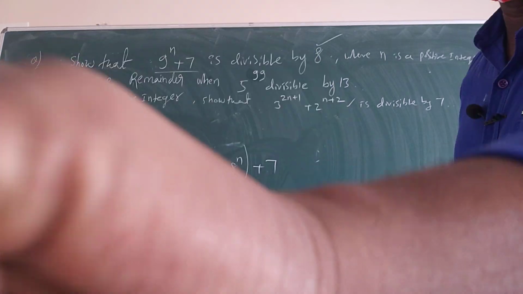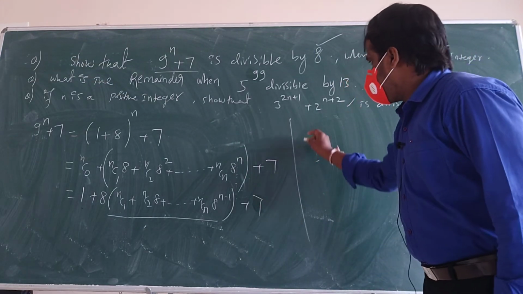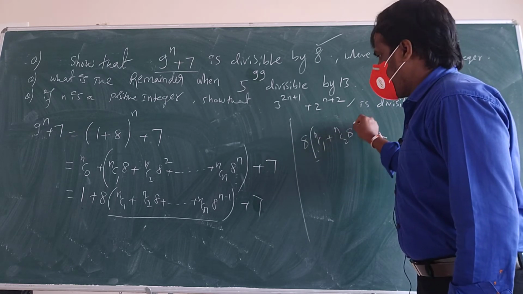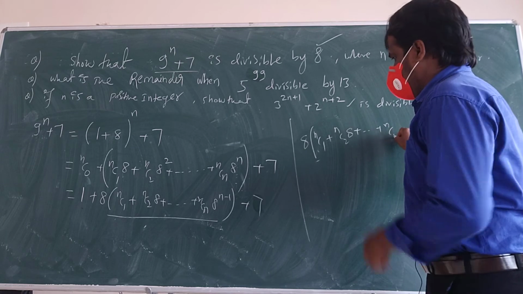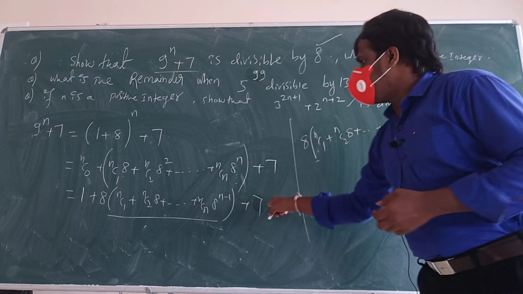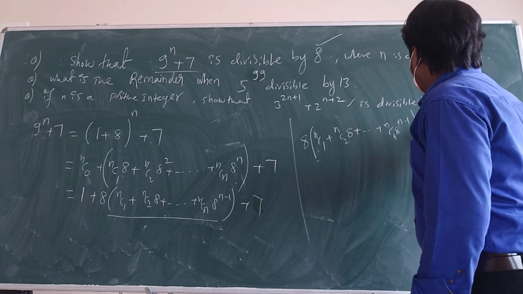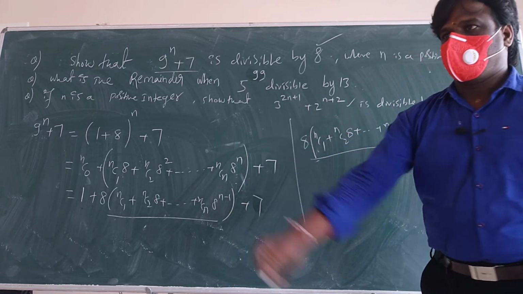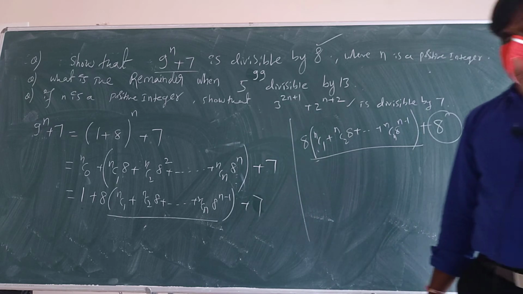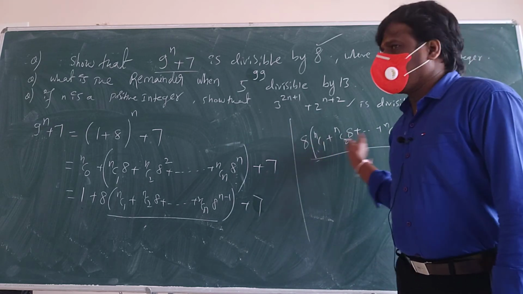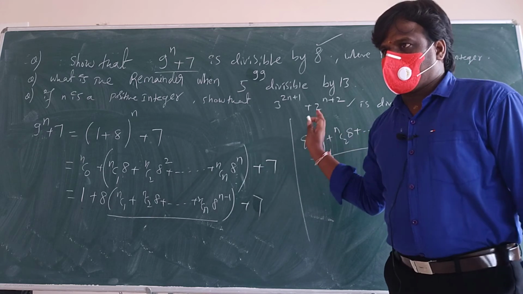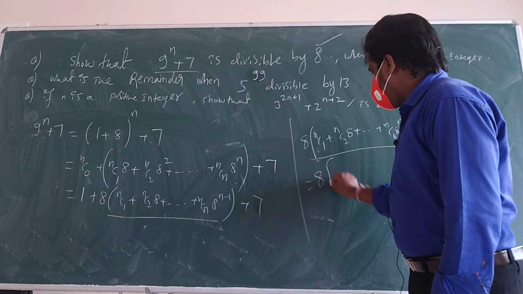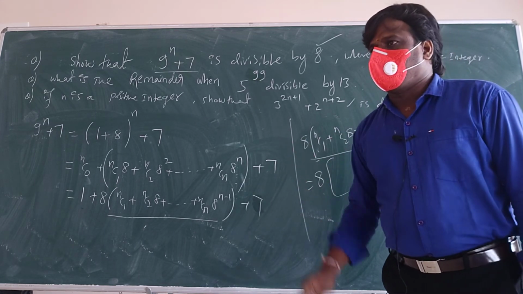You can write a step like this also: 8 into nC1 plus nC2 8 plus so on, nCn 8 power n minus 1, and this 7 plus 1 is plus 8, and this is already a multiple of 8, so remainder will be 8. Means it is divisible by 8. I can take 8 overall common, so 8 is a multiple of that, it is divisible by 8.